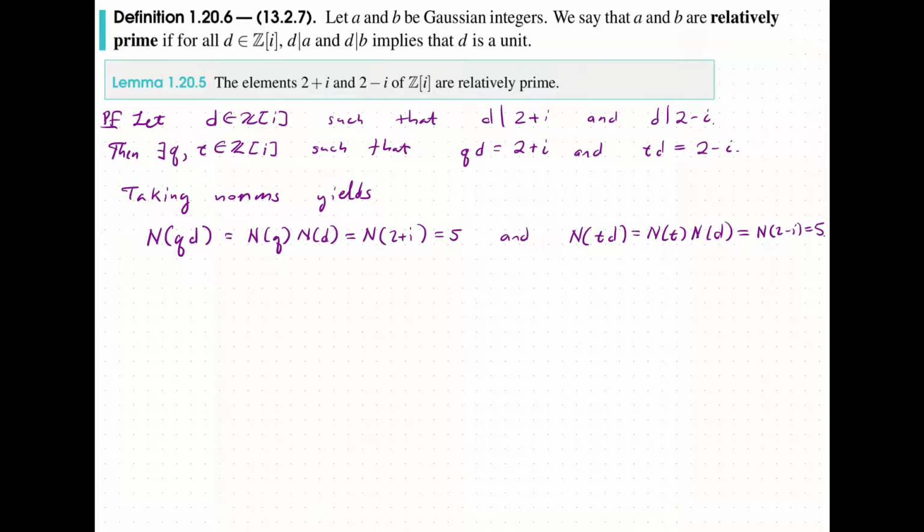But now, because the norm of d is a natural number, and the norm divides 5, we have that the norm of d is equal to 1 or 5. If it is equal to 1, we are done.